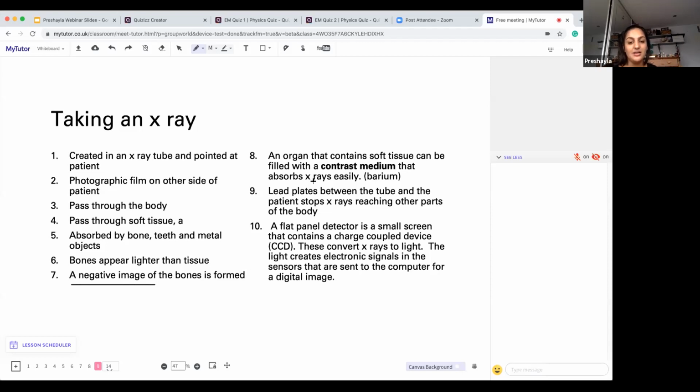So the detector converts these X-rays into light. These light rays then can be transferred into electronic signals in the sensors that are sent to the computer for a digital image. So we go from X-rays to light to electronic signals, which can be shown up in a digital image.